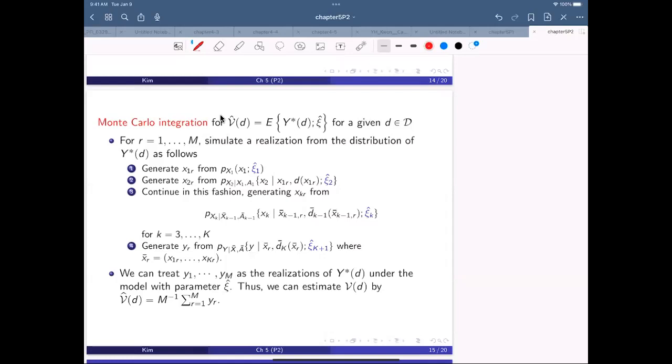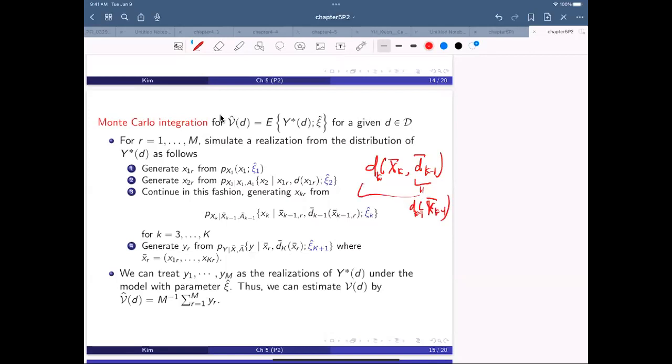So in your question, even though originally this is x bar k and d bar k minus 1, which is a more rigorous expression, this is a function of x bar k minus 1.